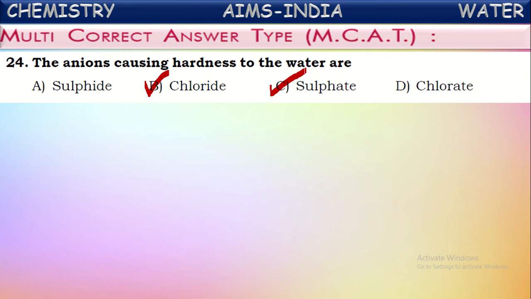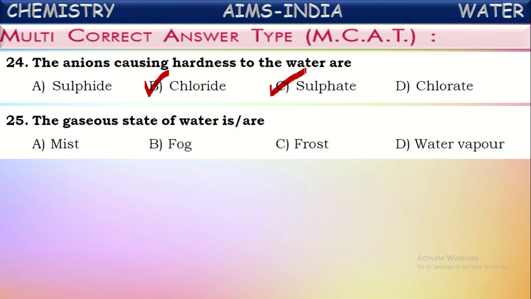Okay. Next, the gaseous state of water. As you have studied, the only substance which can be available in three states of matter at normal conditions is water, isn't it? Water will be available in the solid state, liquid state, as well as in the gaseous state at normal conditions.